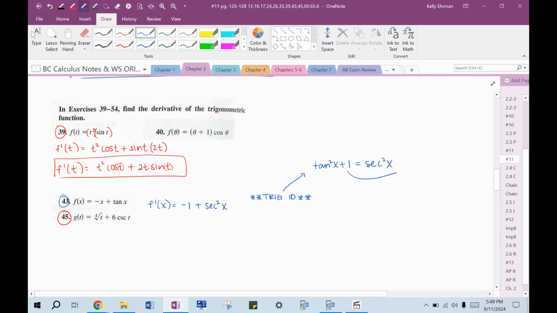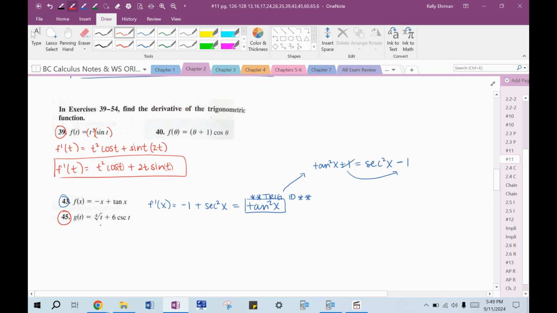And so all that they have is if you solve this for tangent squared, you get secant squared minus 1. And that's what this is, negative 1 plus secant squared. So actually this f prime x is also just tangent squared x. So again, you are expected to know those Pythagorean identities, and they will have tangent squared as an answer in multiple choice rather than maybe secant squared minus 1.